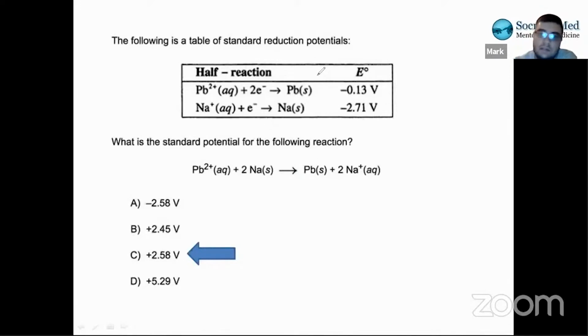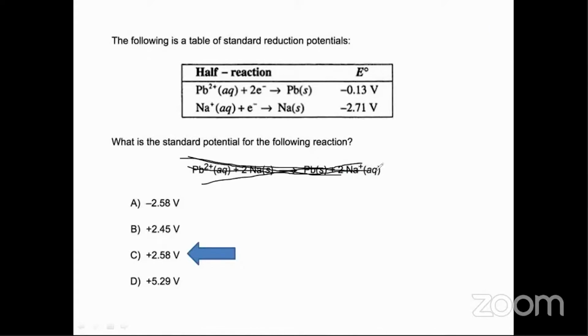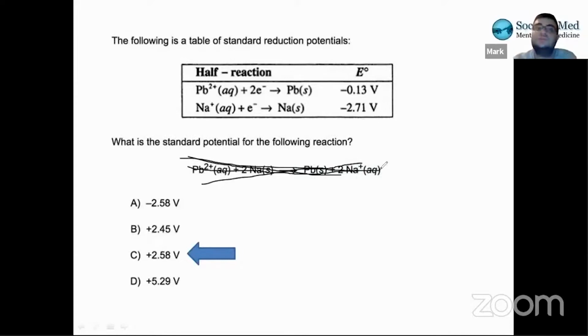Right. Now, let's pretend that they didn't give you this. If they asked you to figure that out on your own, pretend that they didn't give you that. How would you determine which one is being reduced and which one is being oxidized? Well, you want to think firstly, what does this number actually mean?